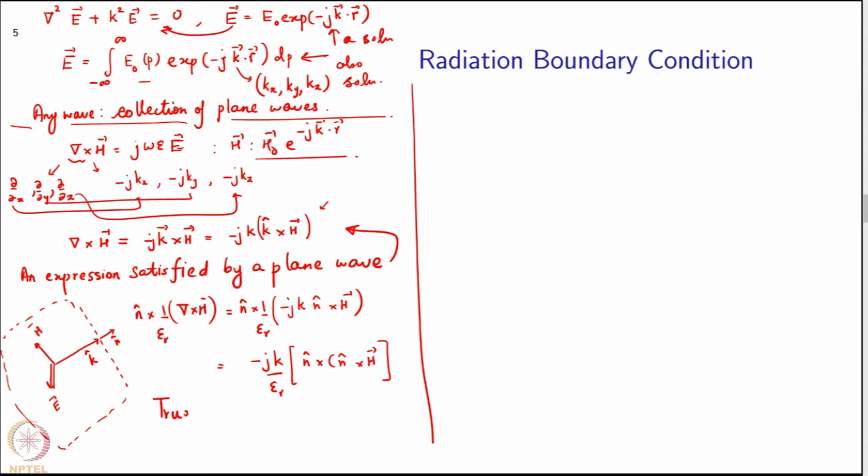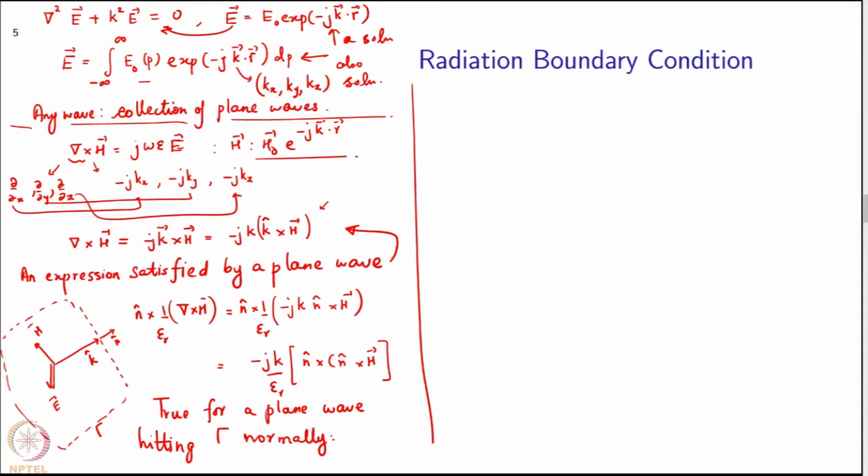So this is true for a plane wave hitting gamma normally. This was my gamma. Why? Because I simply replaced my unit vector k hat by the unit normal vector n hat. So no one can object to this, right?